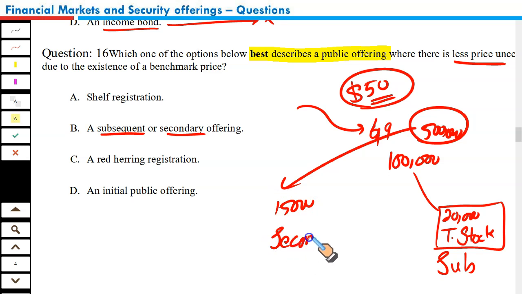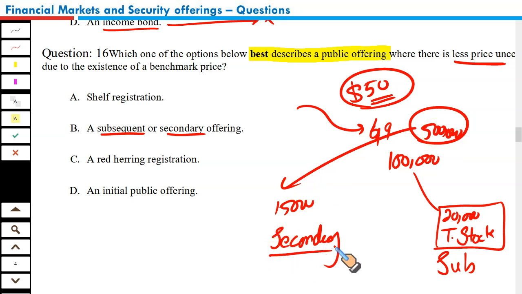This is a very fine point which you need to understand. When the company issues shares from the treasury stock, which were the company's own stock purchased and held by the company, to the general public, it is called the subsequent offering. And when totally new shares out of the authorized shares are issued, it is called the secondary offering.